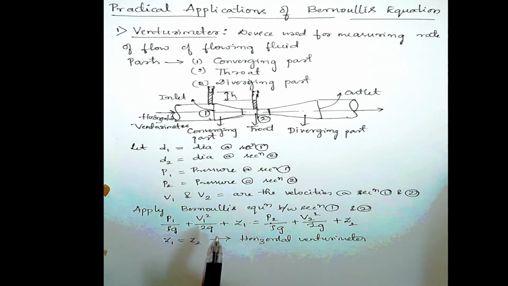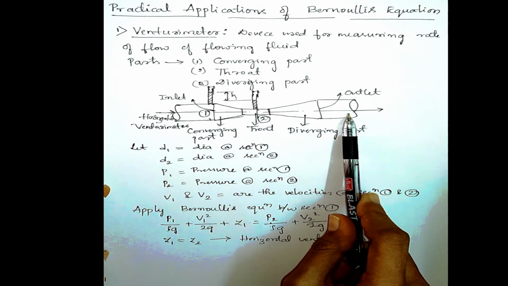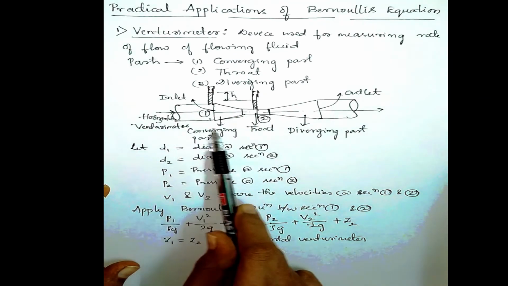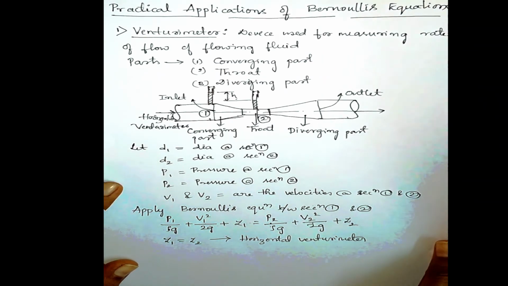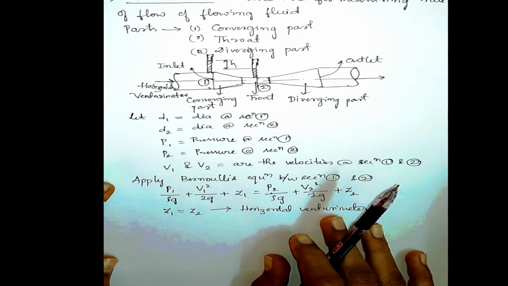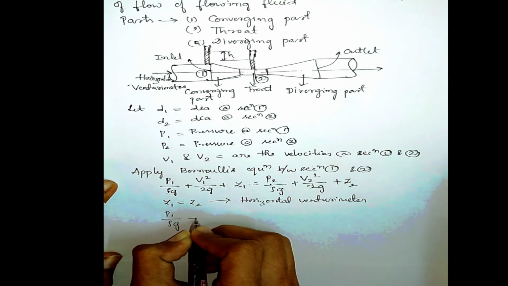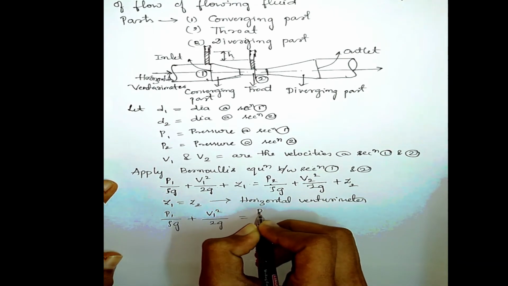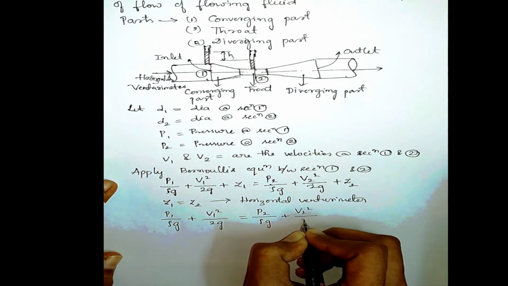As the Venturi meter is horizontal and fitted inside the pipe, you won't get any datum heads, so Z1 equals Z2. Now the equation will be P1 by rho g plus V1 square by 2g is equal to P2 by rho g plus V2 square by 2g.